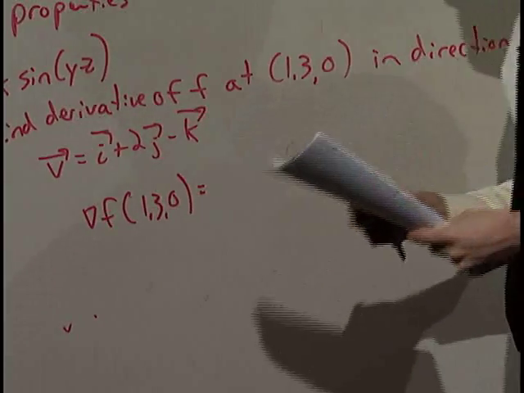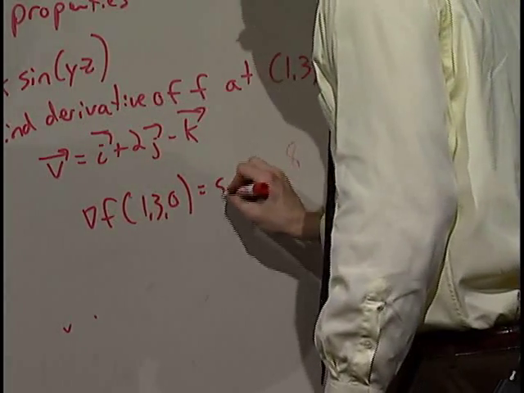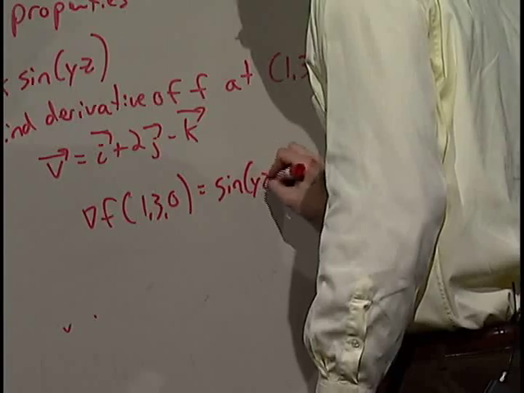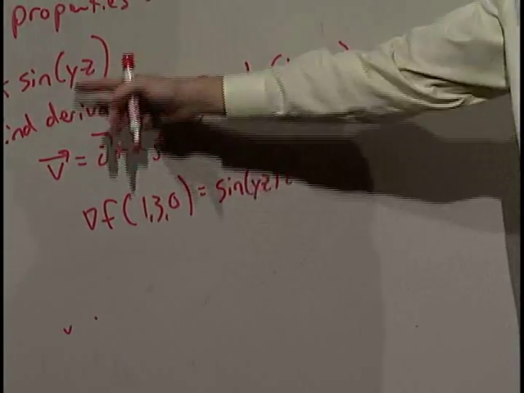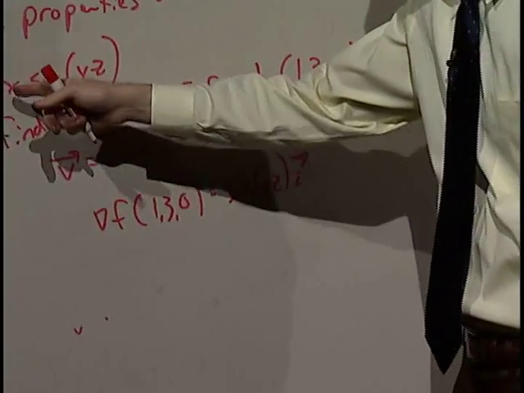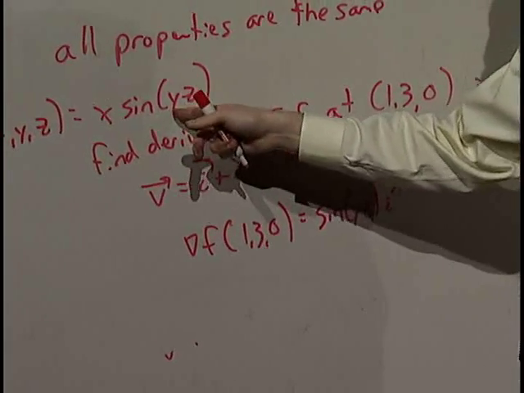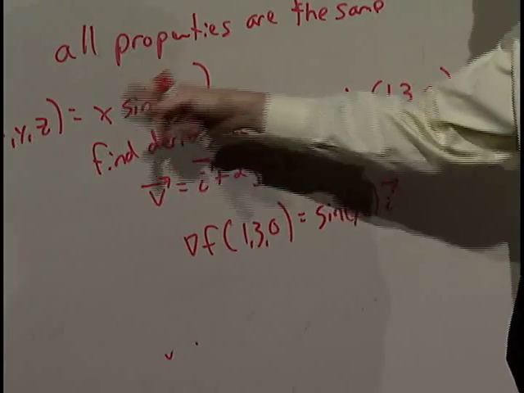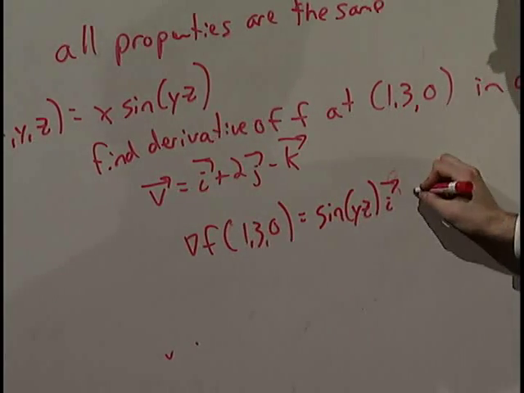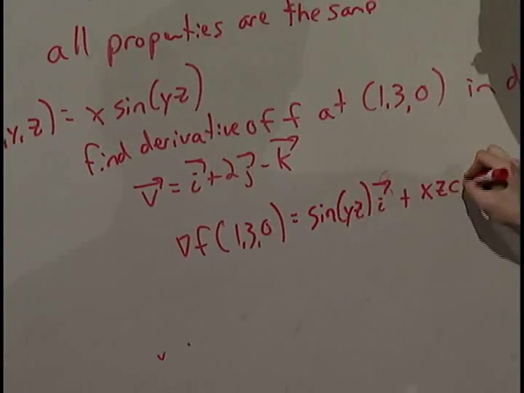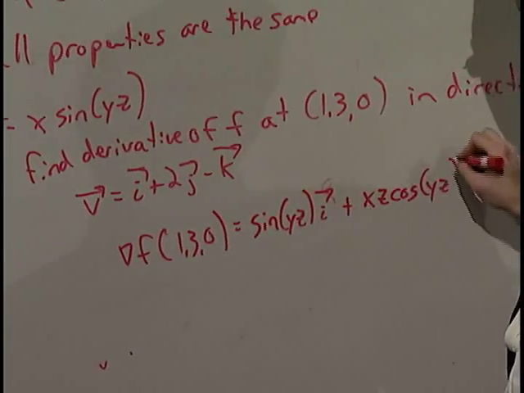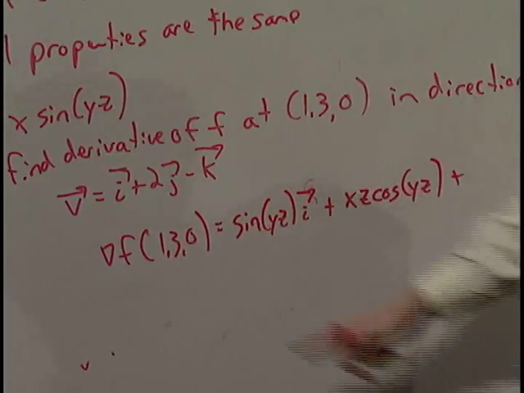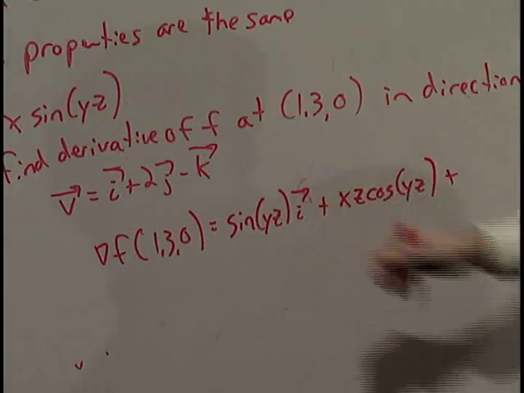Let's see here. So with respect to x here, you get sine yz i. With respect to y, you get x cosine yz, and pull the z out. So you get plus xz cosine yz j. And then with respect to z, again, it's x cosine yz, pull the y out.